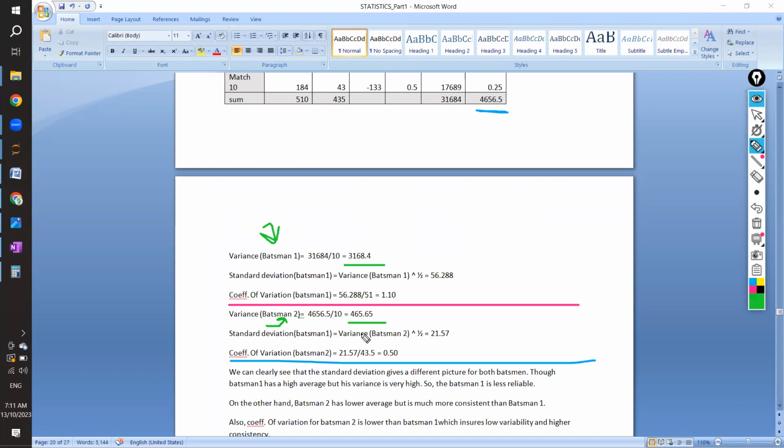And all the other numbers will follow. If the variance is high, the standard deviation will also be high because it's the square root, and the coefficient of variation will also be high. If the variance is low, its corresponding standard deviation will also be low and its coefficient of variation will also be low. Agree?